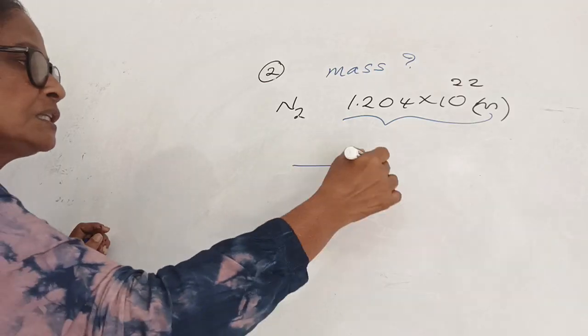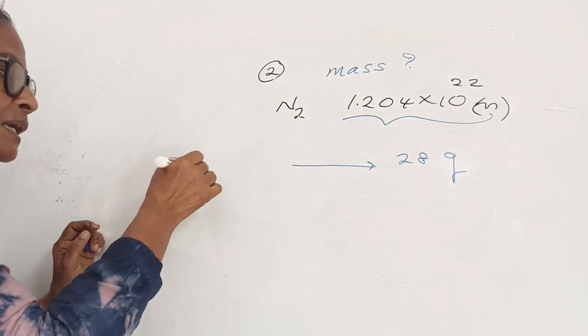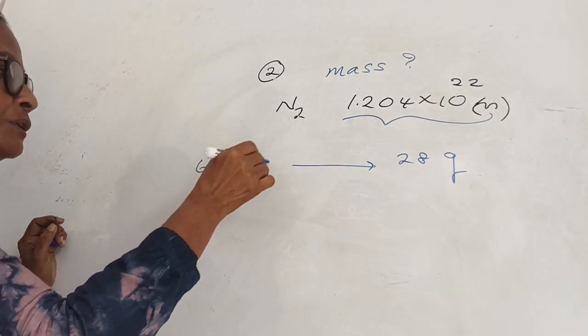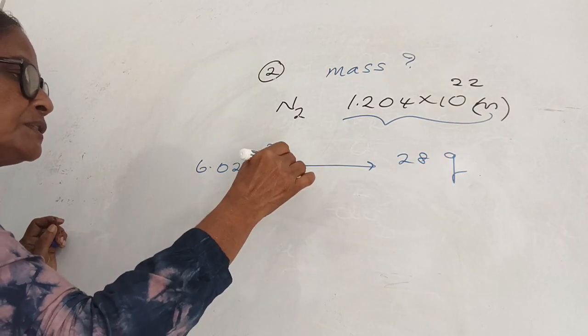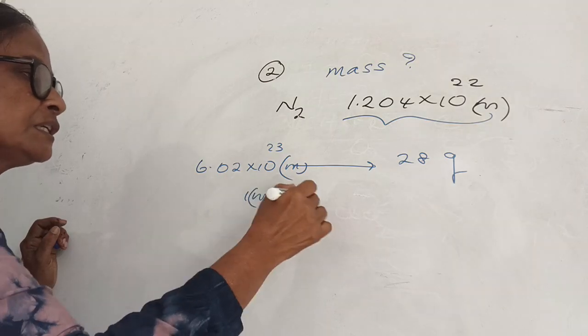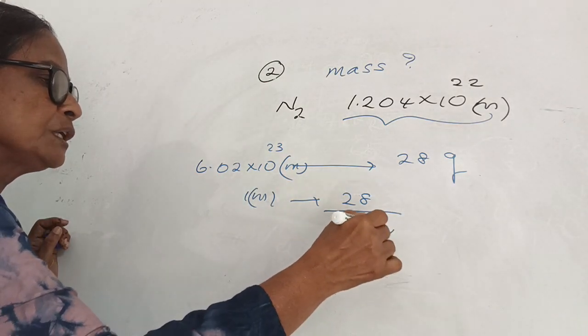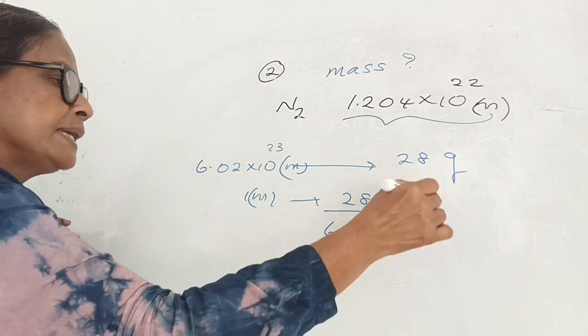What you know here is that 28 grams of nitrogen equals 6.02 times 10 to the power 23 molecules. So one molecule gives you 28 divided by 6.02 times 10 to the power 23 in grams.